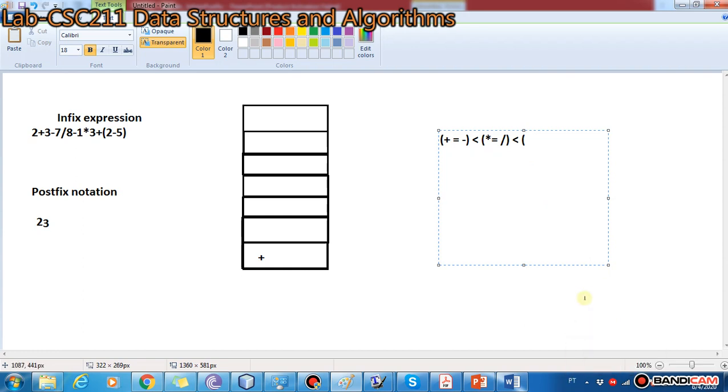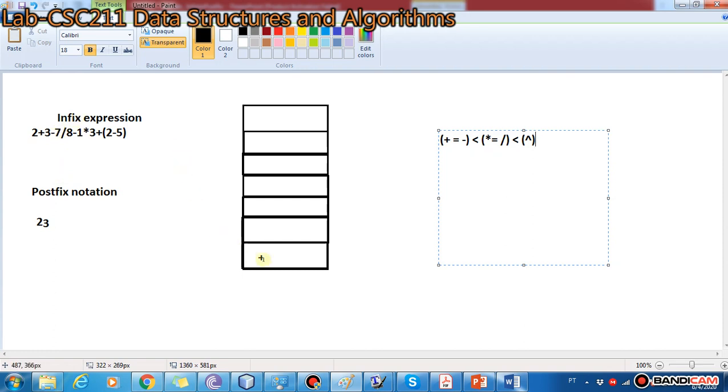For this lab we are not considering the exponentiation operation. This calculator's postfix notation would not include exponentiation, but just for the sake of knowledge, this is the precedence order.